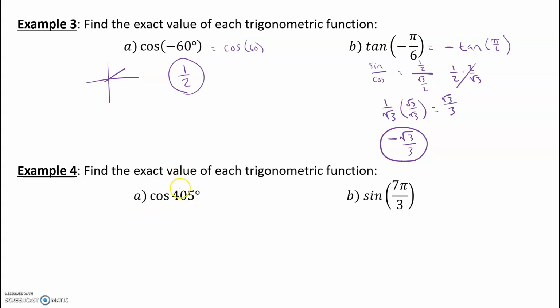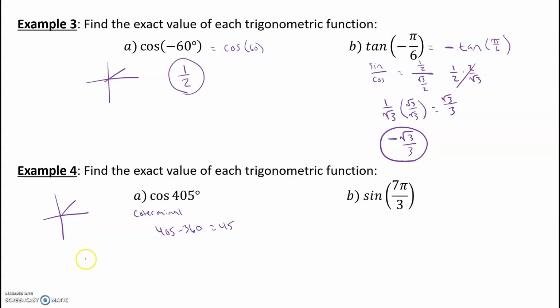Cosine of 405, we're still going to use coterminal angles here to get it back on the unit circle. So we're going to say 405 minus 360, and we get 45 degrees, which puts us right back in quadrant 1.